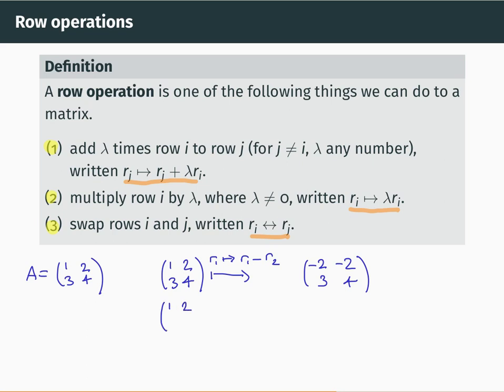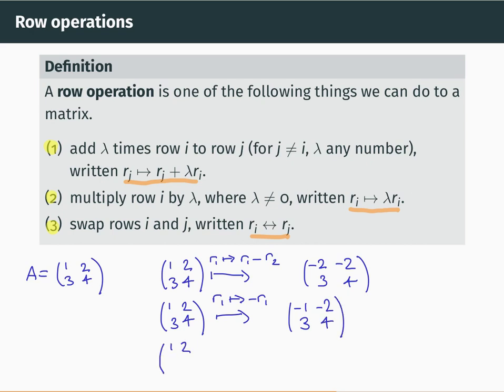On the other hand, if we take the same matrix and we do the row operation which multiplies row 1 by minus 1, so that's written as R1 goes to minus R1, then row 1 will become minus 1, minus 2 and row 2 wouldn't change.